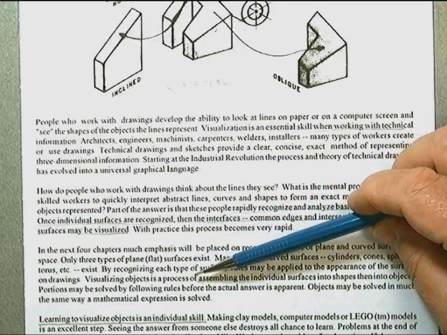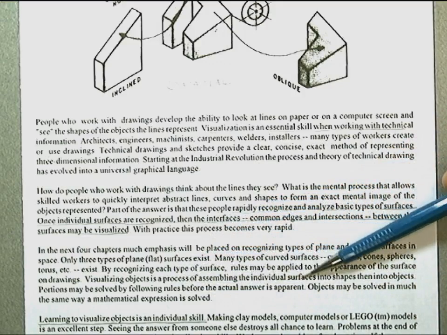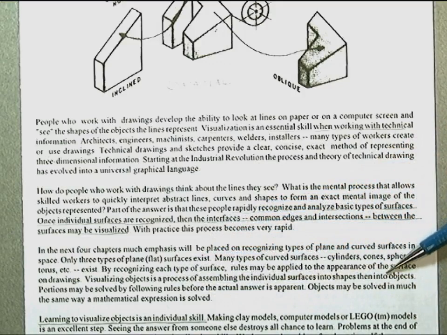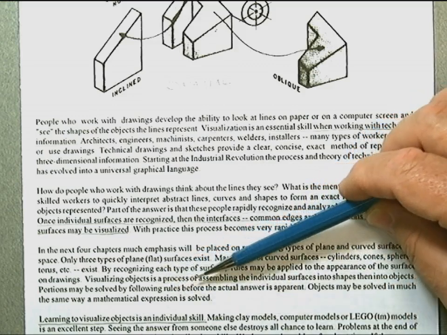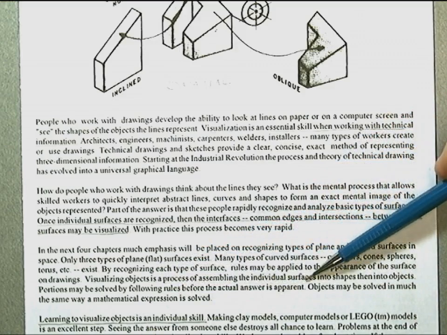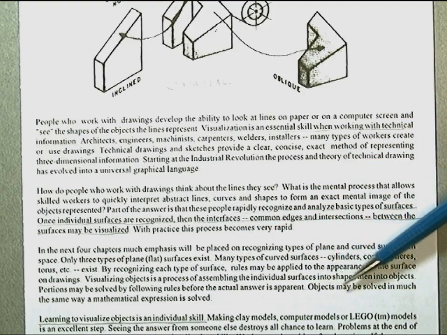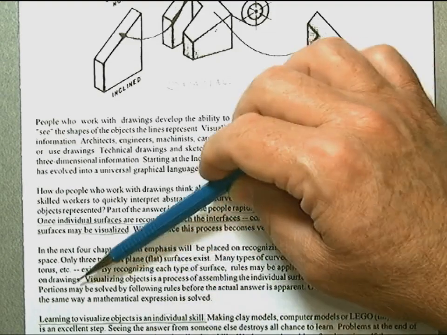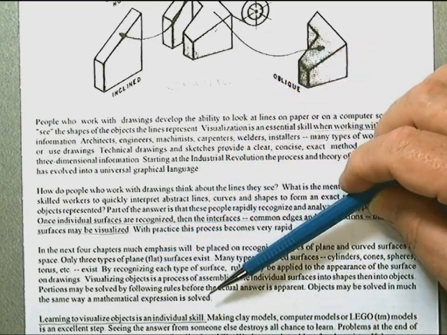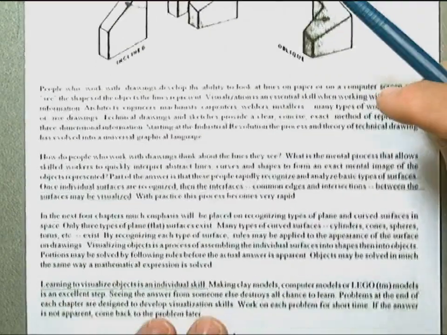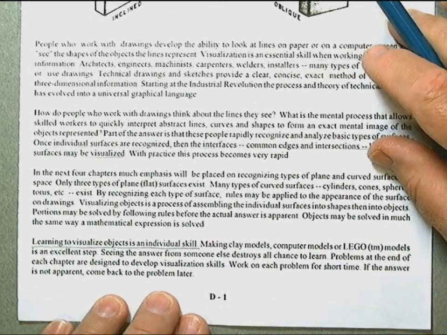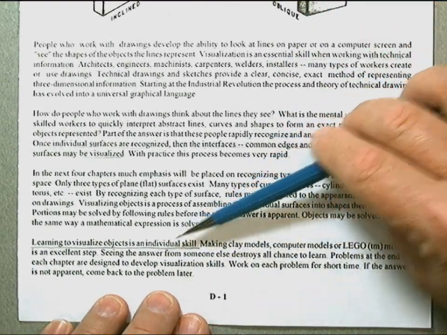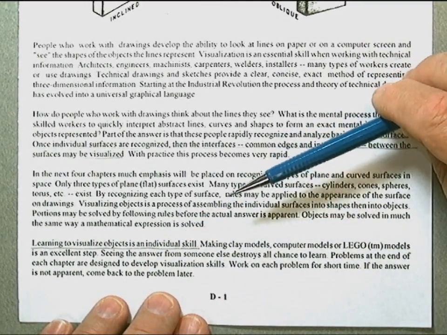Visualizing objects is a process of assembling the individual surfaces into shapes and then into objects. Portions may be solved by following rules before the actual answer is apparent. Objects may be solved in much the same way a mathematical expression is solved. I cannot emphasize enough how much of an individual skill this is.